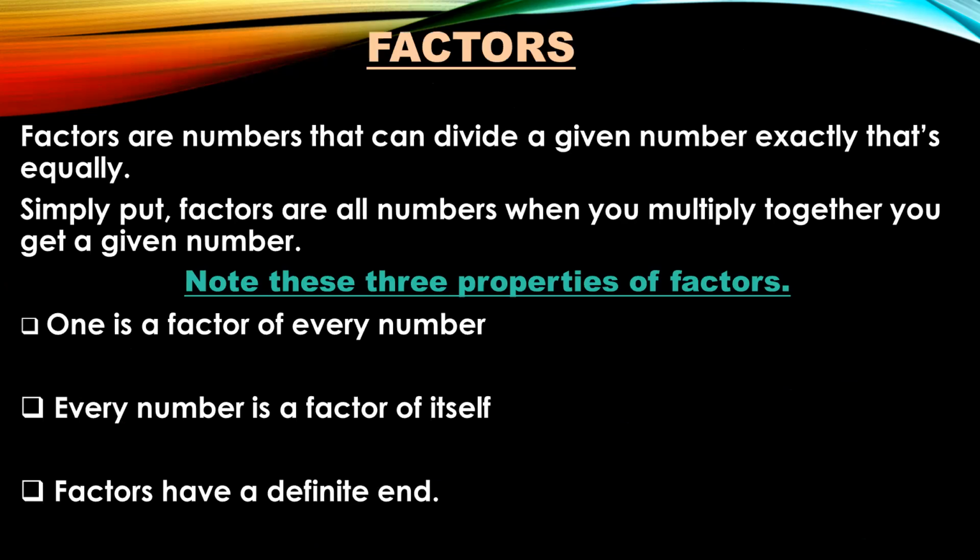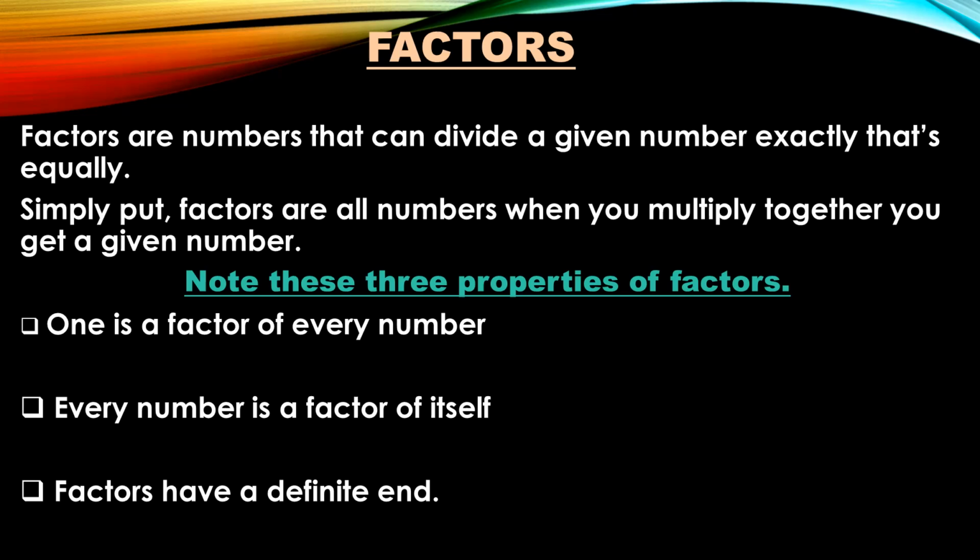When you talk about the factors of numbers, factors mean what? Factors are numbers that can divide a given number exactly, or equally. Simply put, factors are all numbers that, when you multiply them together, you get a given number.